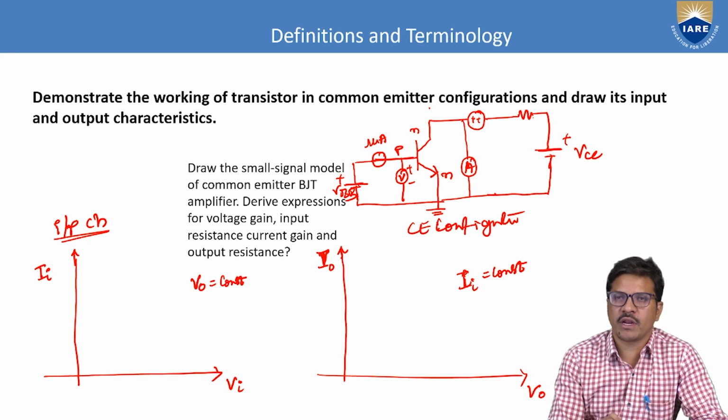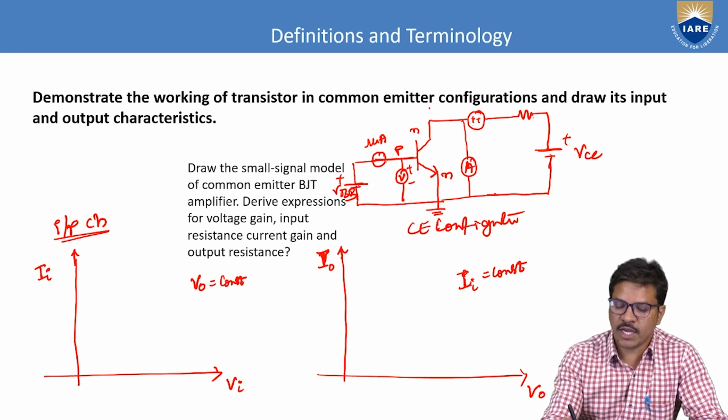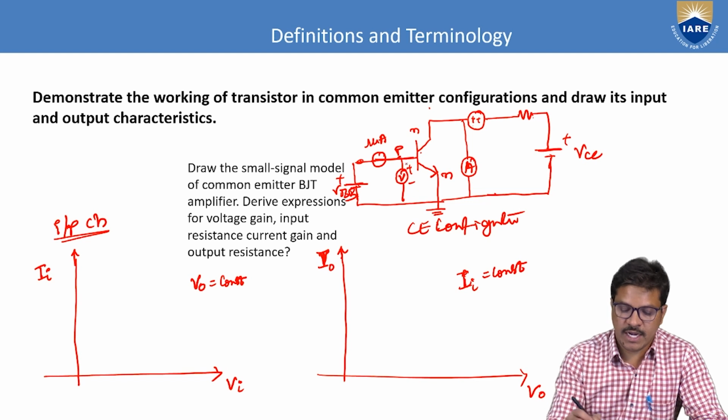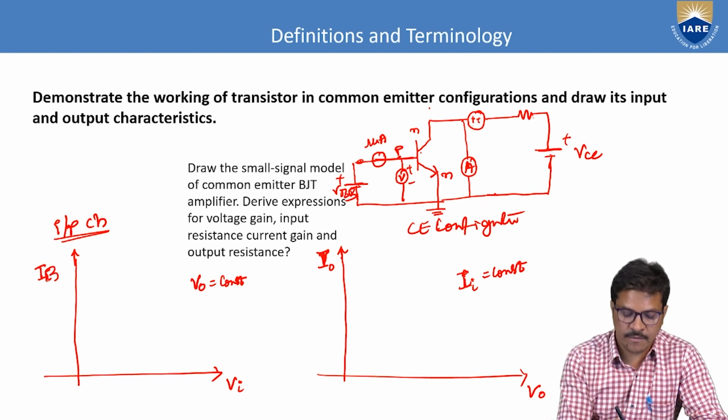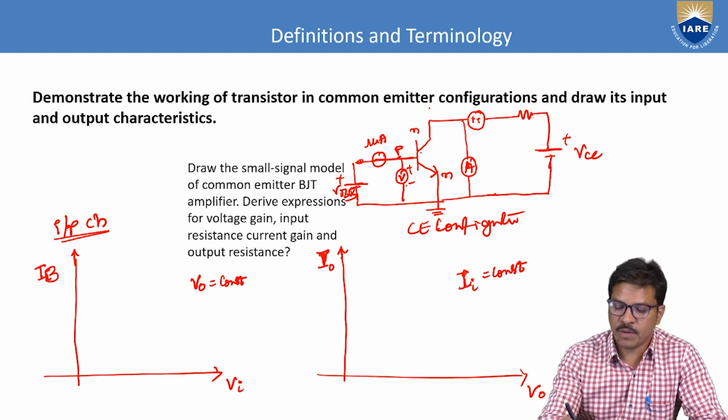Let us take the common emitter configuration. In this case, the input current is the base current, so you have to take the base current. You have the base to emitter voltage, VBE. So take the VBE.